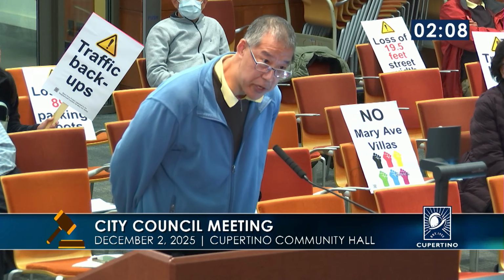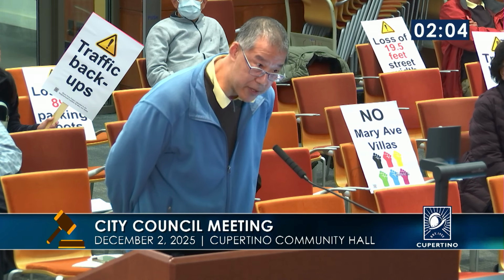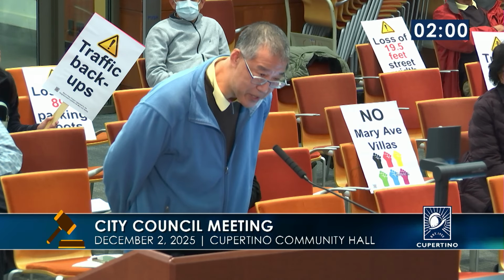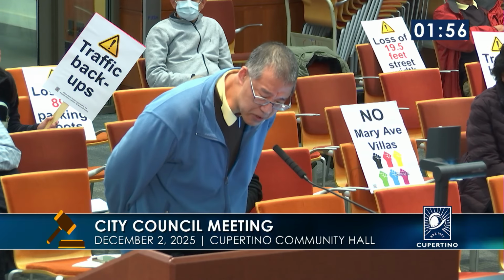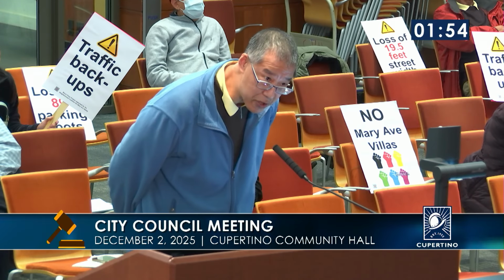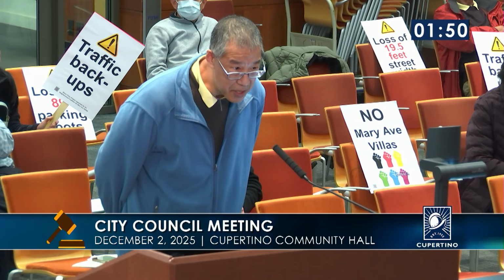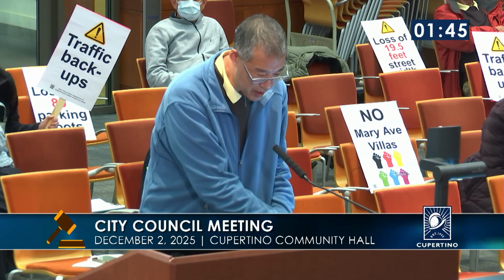I don't know if Cupertino has considered this in terms of allowing this project to be shoehorned into such a small space. Has any consultation been conducted with the fire department, with police, with social services? I don't know.